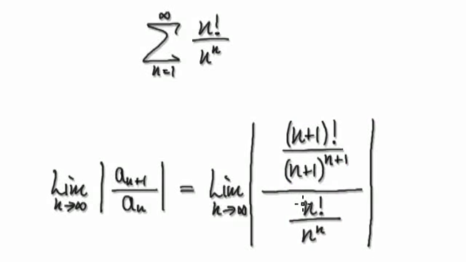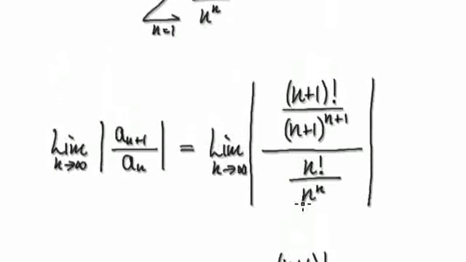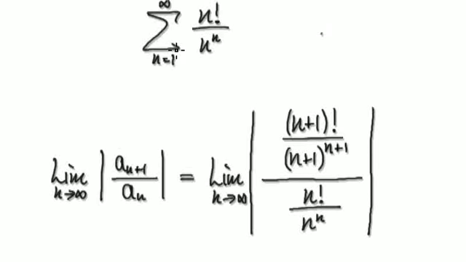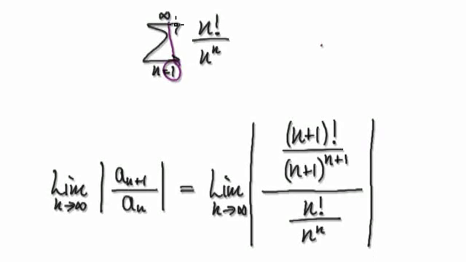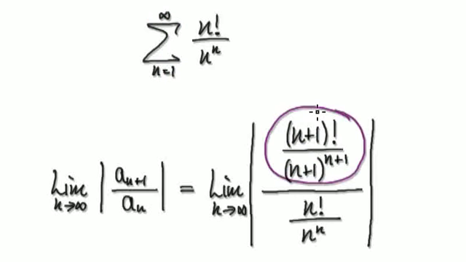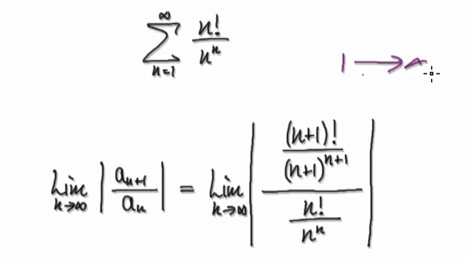Now we need to glance at this. Remember, n is moving from 1 to infinity. When n moves from 1 to infinity, n plus 1 factorial will be positive, this thing here will be positive, and always positive.